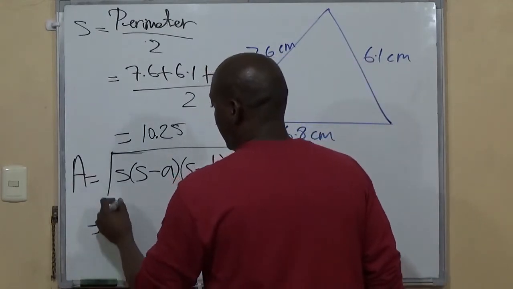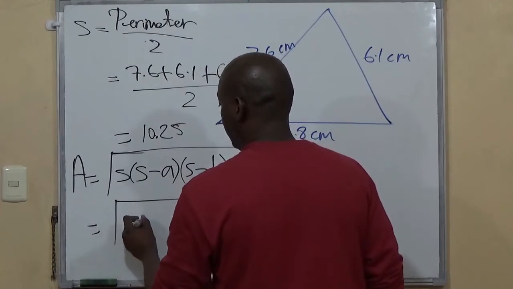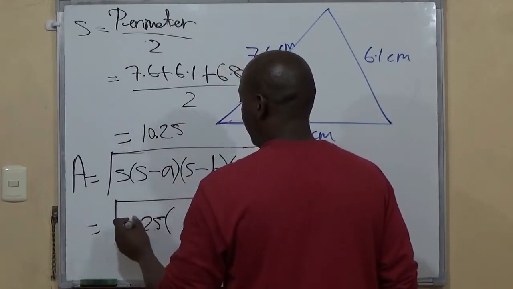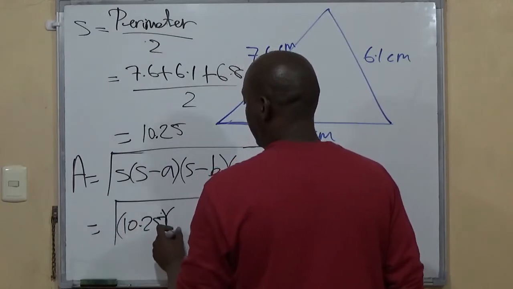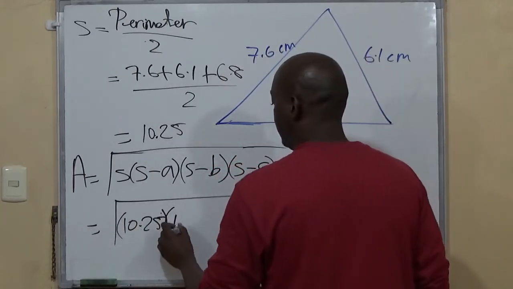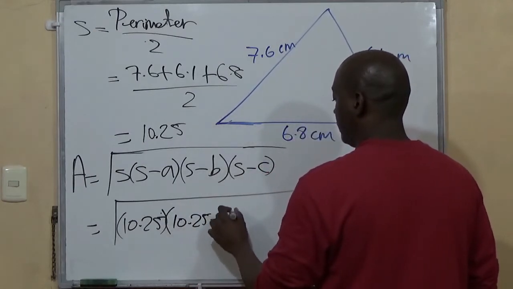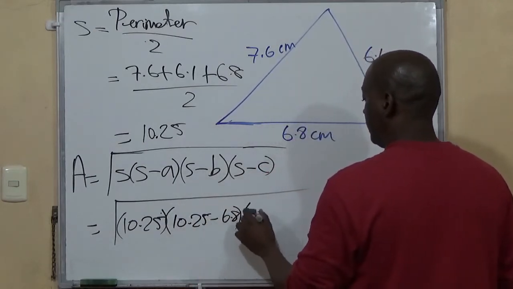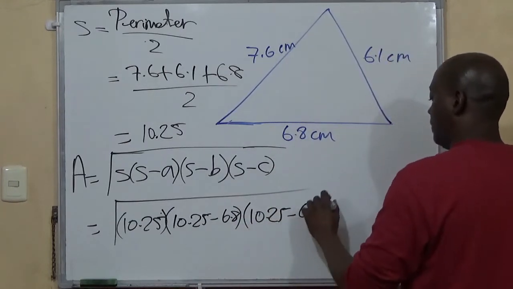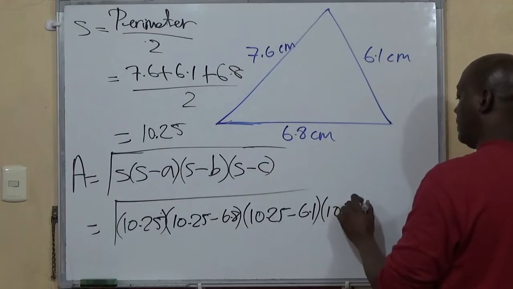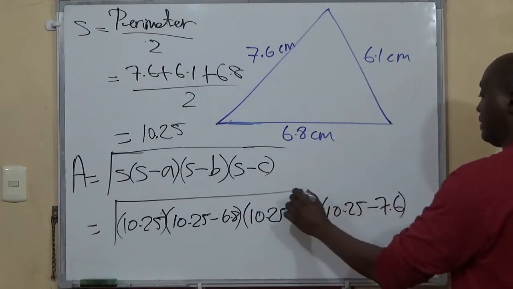That is equal to the square root of 10.25, in brackets, into 10.25 minus 6.8, into 10.25 minus 6.1, into 10.25 minus 7.6.